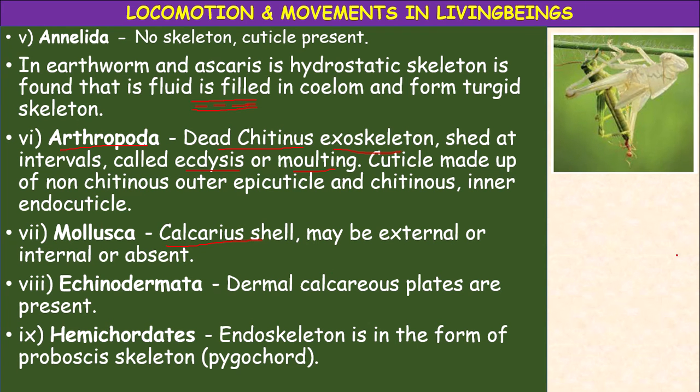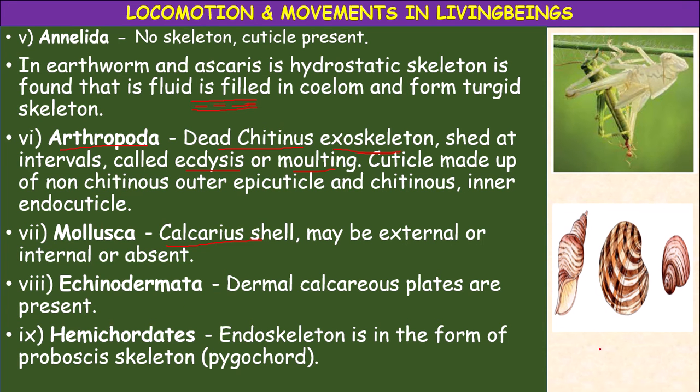So, you can see the insect, this is a locust or grasshopper. It possesses a chitinous exoskeleton. Next, you can take mollusks, they show these shells, calcareous shells are present, made up of calcium carbonate, calcium silicates.